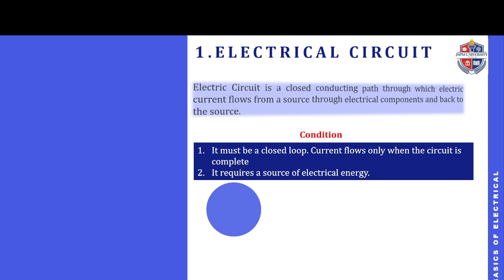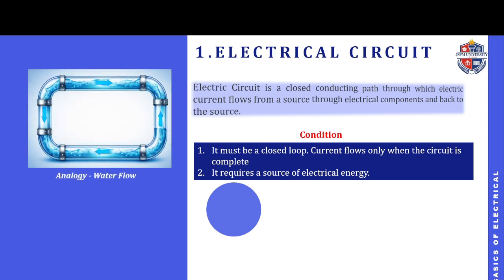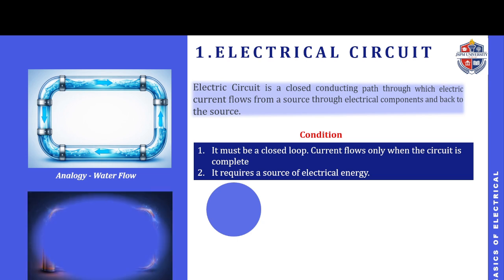The analogy for the electrical circuit is water flow. Assume the closed pipe as shown in the figure. The closed pipe is nothing but the conductor of the electrical circuit, and water flow is electron flow. So that is an analogy. So you can understand how we can relate the electrical circuit to the water flow in the closed pipe.